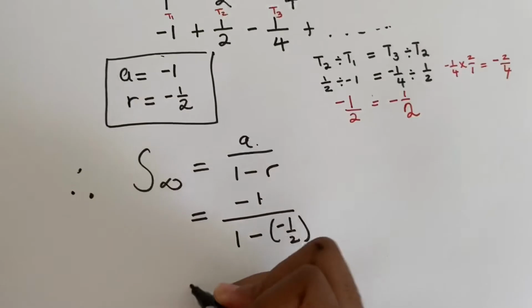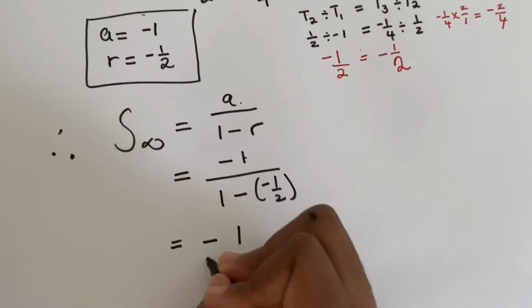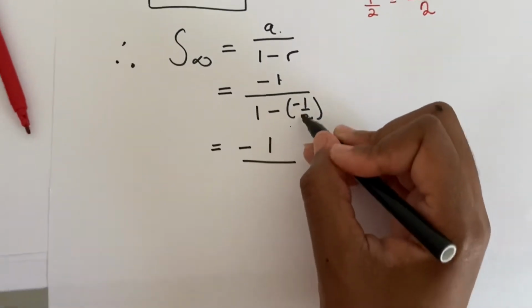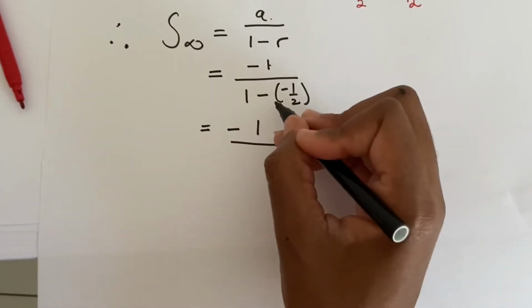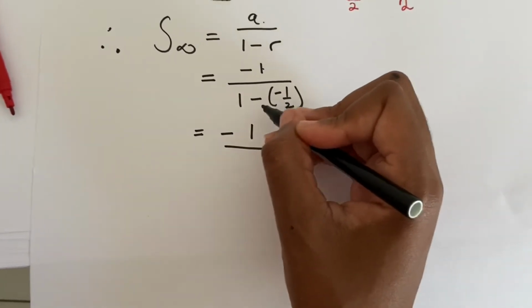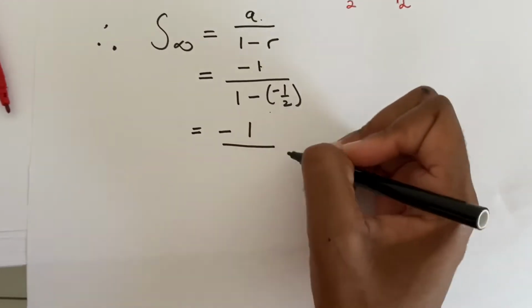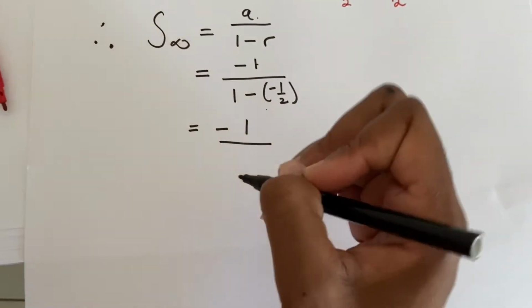Now, what is that? That is negative 1 over 1 minus negative a half, which is 1 plus a half. And 1 plus a half is going to give you 3 over 2 or 1.5.